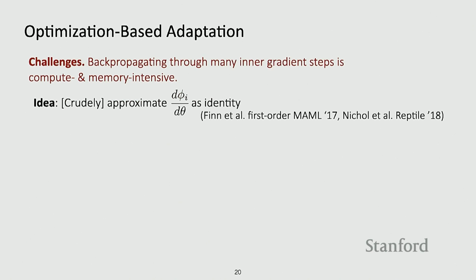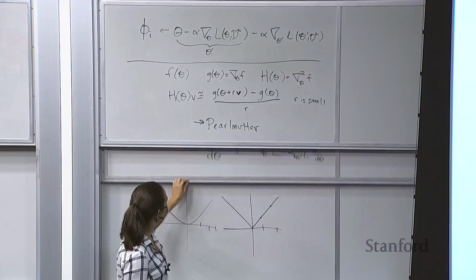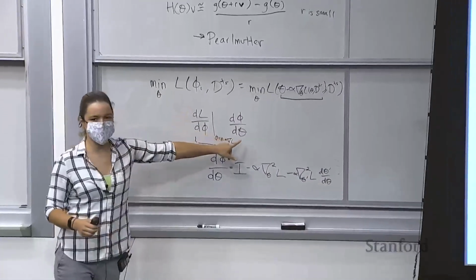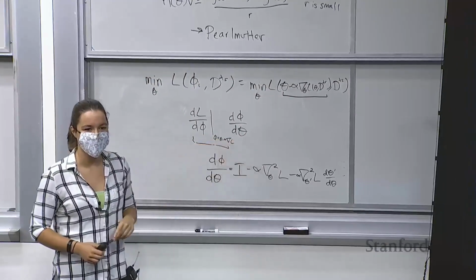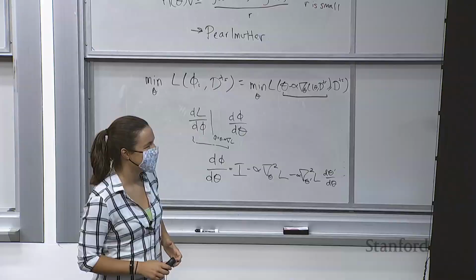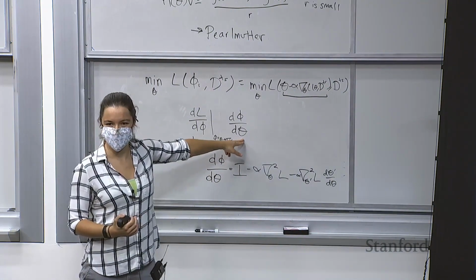One is to just ignore the fact that there are second order gradients. Essentially, when you're computing the gradient, just crudely approximate this as identity. And this is not at all principled, often because this is not anywhere close to identity, usually.